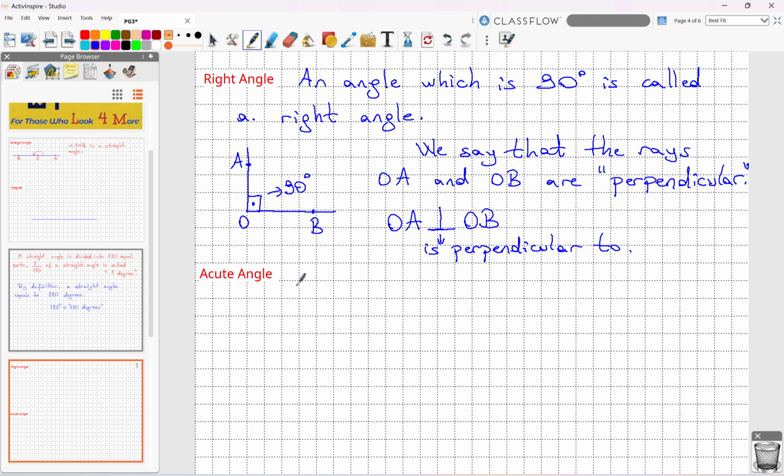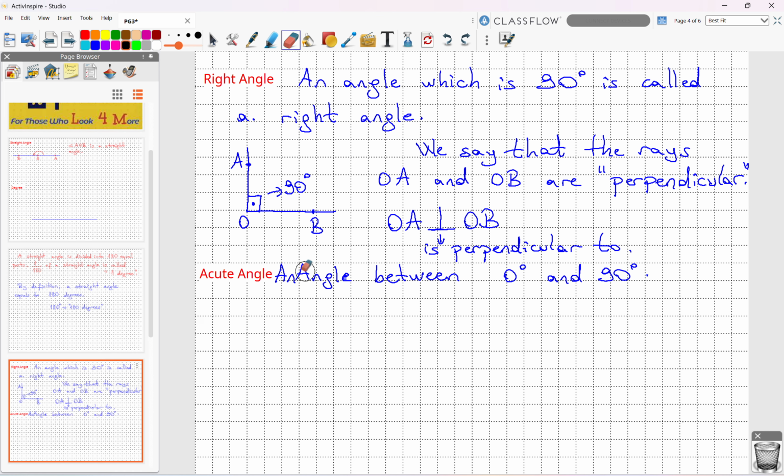Okay, an acute angle is an angle which is between 0 degrees and 90 degrees.